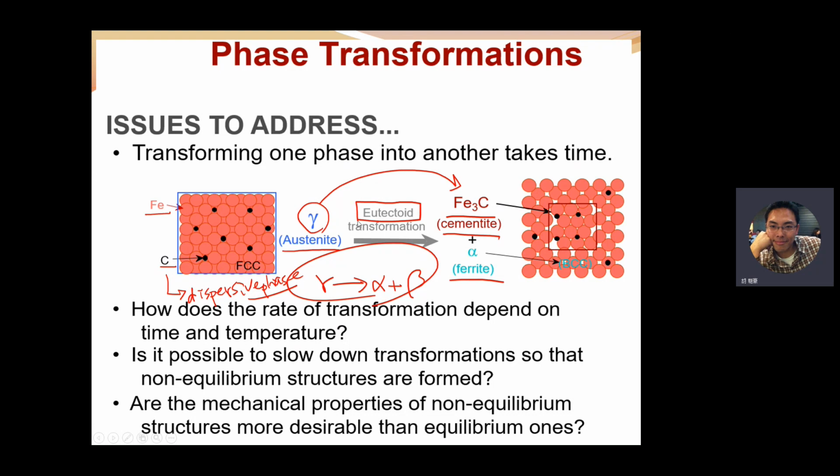And is it possible to slow down the transformations so that non-equilibrium structures are found? And are the mechanical properties of the non-equilibrium structures more desirable than equilibrium ones? So we're going to discuss more about this transformation and the kinetics during a phase transformation.